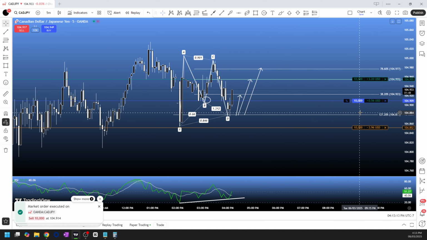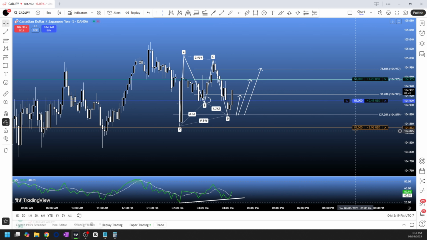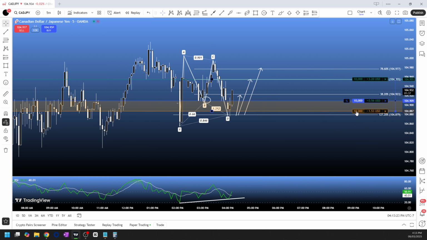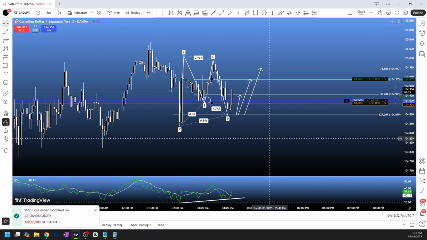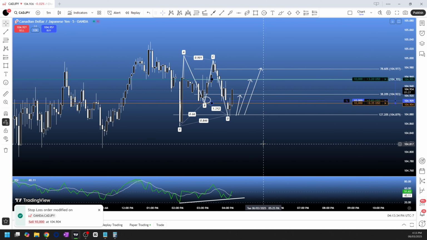Since we took half of our position, not a lot of money to make here on this short trade, to protect ourselves we would basically come up to almost break even. If price action comes around and takes us out, that's perfectly fine. We already took the money. It's a winning trade.